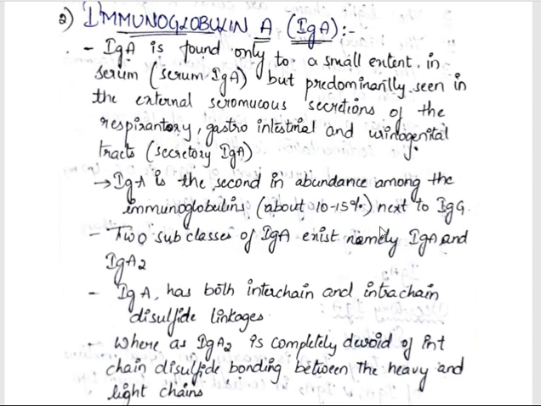And there are two subclasses of IgA, namely IgA1 and IgA2.